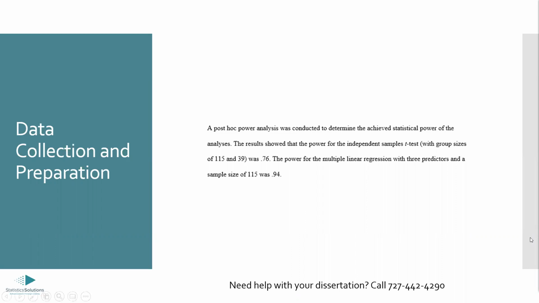So in this case, we're doing it for a t-test and a regression. And for each test that you're doing the post hoc power analysis for, you want to state what your sample size was. So our group sizes for our t-test and our sample size for our multiple linear regression, and state the level of power that was obtained for each test.